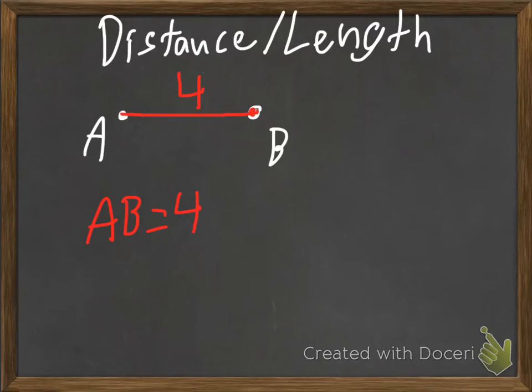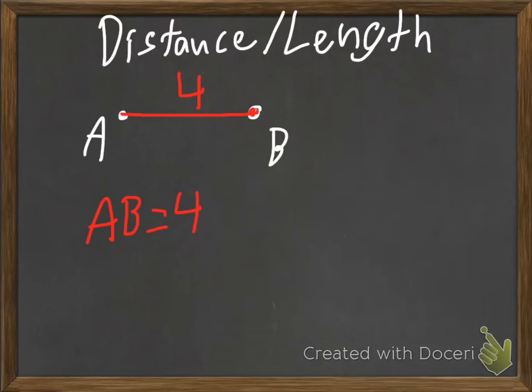Now, I just used distance and length interchangeably, but they aren't always interchangeable. I want you to pause the video and think about what's the difference between a distance and a length. Okay, so they are very similar, but they are a bit different. Distance can be an exact measure. We can say the distance from A to B is 4.